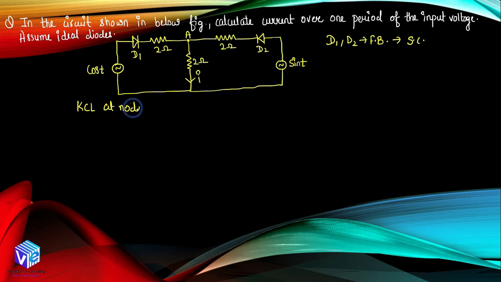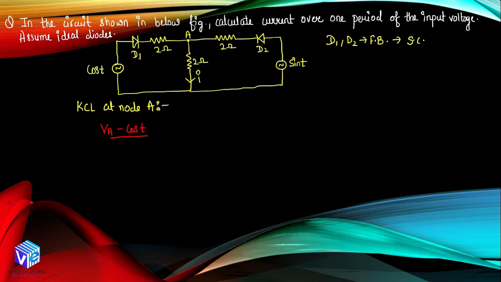So this is the node A, and now we are going to apply the Kirchhoff's current law at node A. I hope you remember how to apply the Kirchhoff's current law. V at A we consider as the potential at A, that is VA. So now VA minus this potential, which is cos t over here, divided by the resistance in this path.